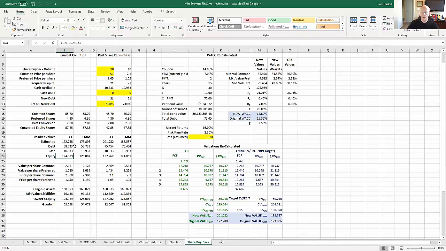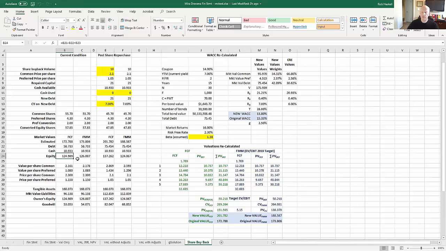I know the debt value having estimated that through our bond value equation and the balance sheet. I know cash from the balance sheet, and so I can go ahead and then re-envision this and say that equity, which you and I know means equity in terms of common shares and market value of equity in terms of preferred shares combined, gives us 124.989. So this is the combined market value of the equity shares.